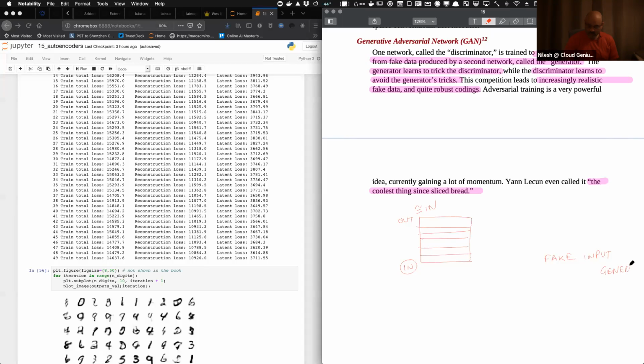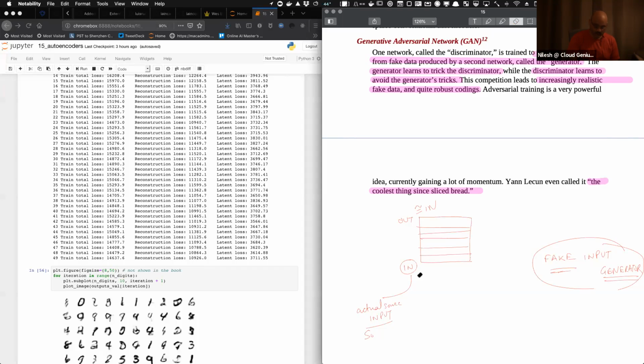Fake input generator, let's call it that. And this is a system that generates fake input. And this is your actual input. Actual source, I should say.